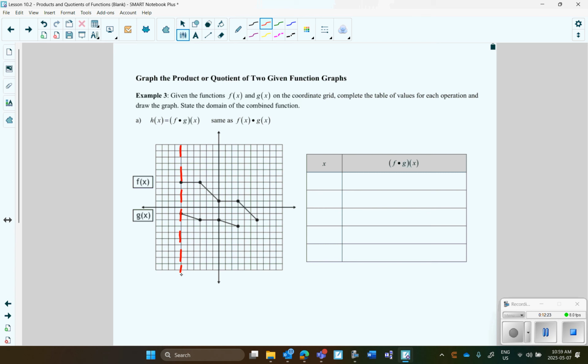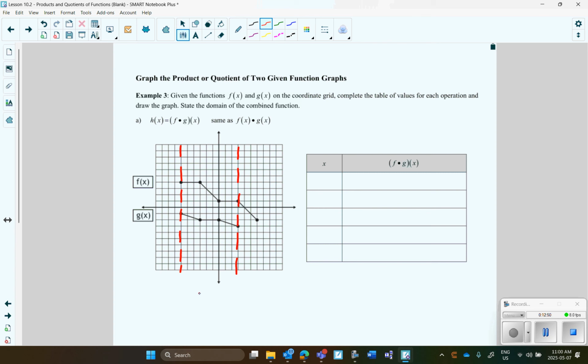I can't do this one, can I? Because g of x doesn't extend. So between here and here are where the graphs overlap. If any of the graphs extend outside either way and the other one doesn't, I can't do it.